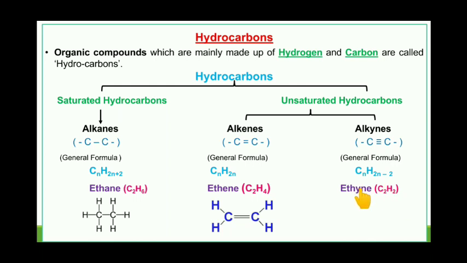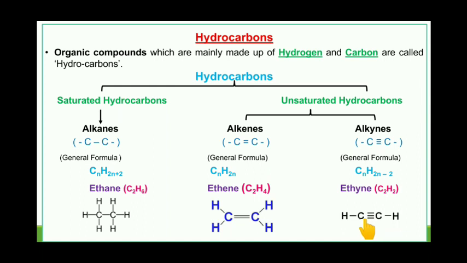Now let us take the example of alkynes. Ethyne. Ethyne has 2 carbon atoms. Substituting n equal to 2 in the formula, you will get the number of hydrogen atoms. So it will be 2 hydrogen atoms. Let's draw the structural formula of ethyne. First, show 2 carbon atoms, and as it is a member of the alkyne family, it contains a carbon to carbon triple covalent bond between them.